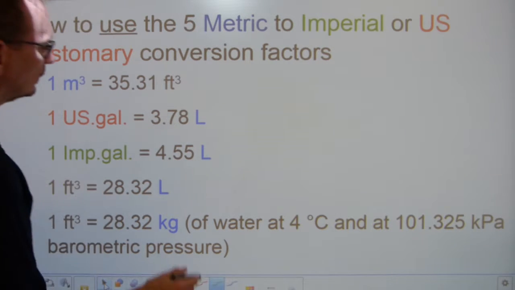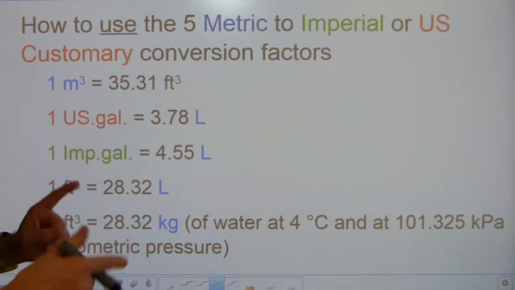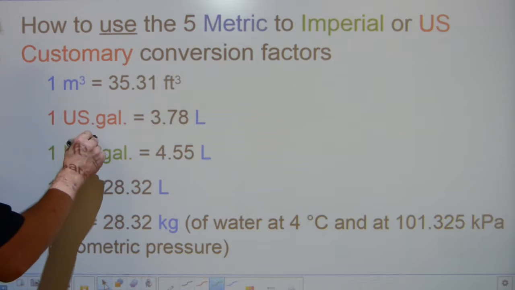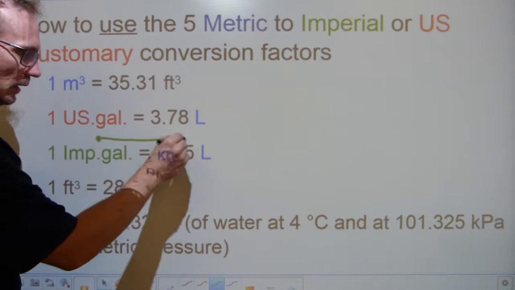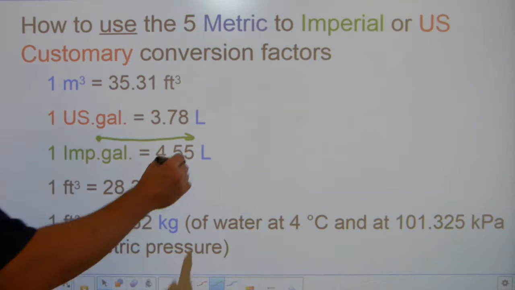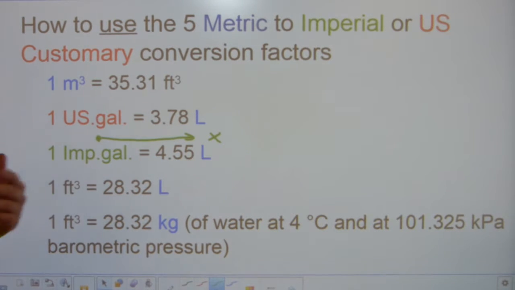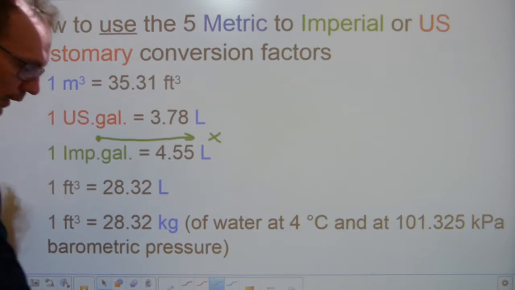So the original sense of the conversion factor 4.55 ties imperial gallons and liters, but in a fixed order, starting with imperial gallons, ending up in liters. If this is the exact direction conversion is to be done, the conversion factor will be multiplied in the math operation.